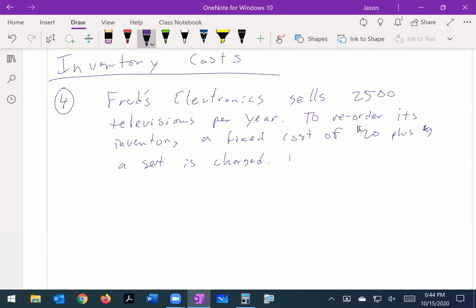Okay, it costs $20 to store one set for a year.